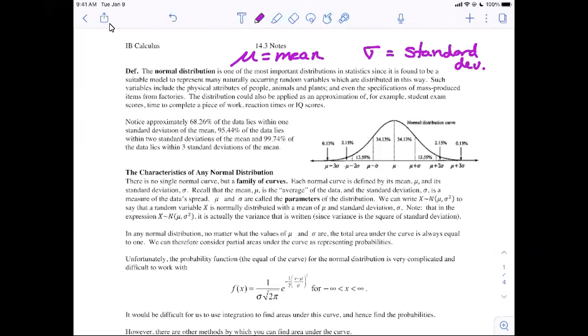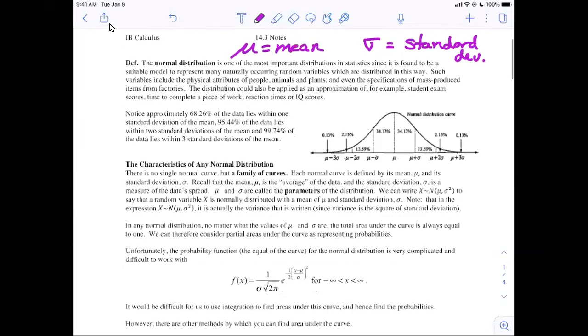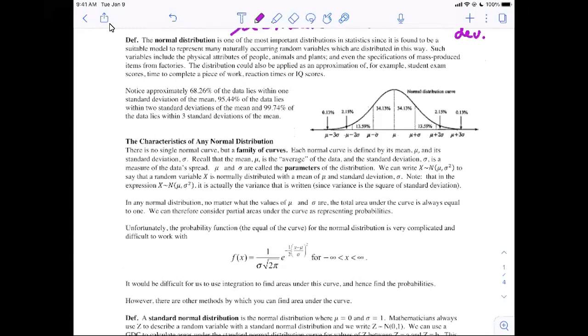All right, so the characteristics of any normal distribution. There is no single normal curve, but we have a family of curves. Each normal curve is defined by its mean, mu, and its standard deviation, sigma.